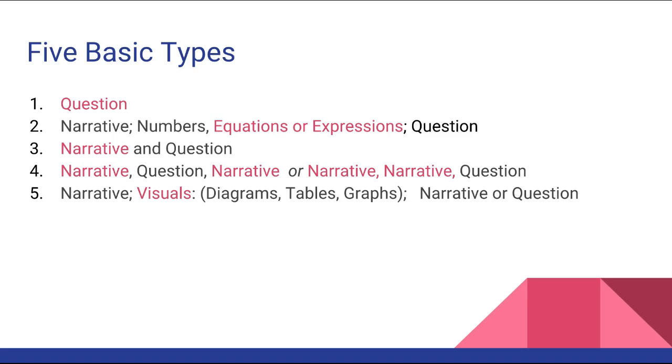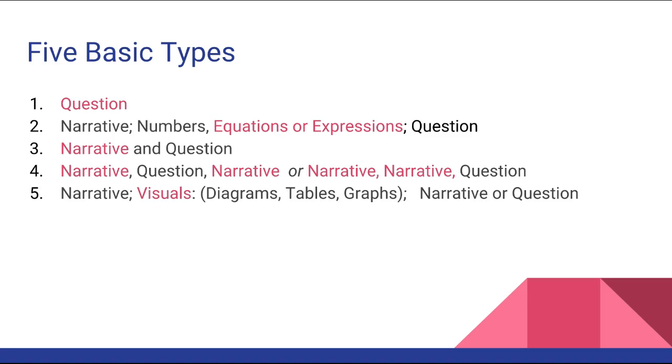Number 4 would be a narrative, a question, and then a second narrative, so you'd have a narrative, a break, a question, a break, and another narrative. Or it could be a narrative, a break, a narrative, a break, and then a question. Number 5 would be a narrative, and then a break, and then a visual.